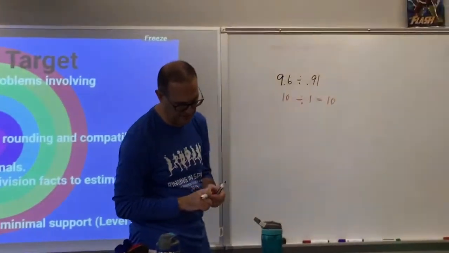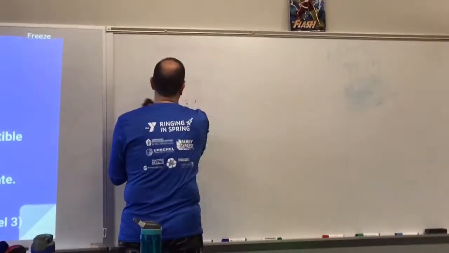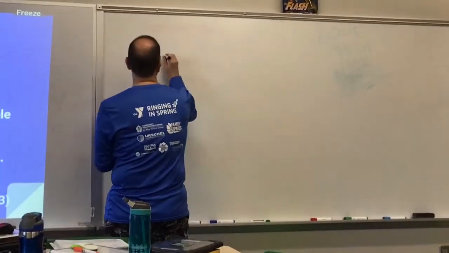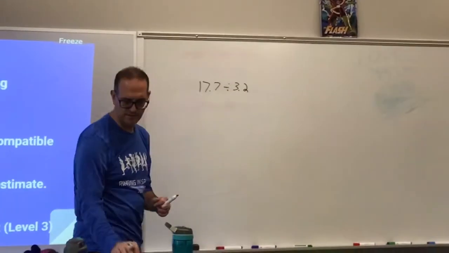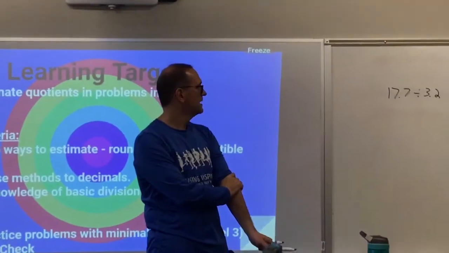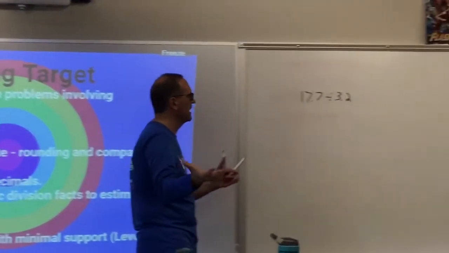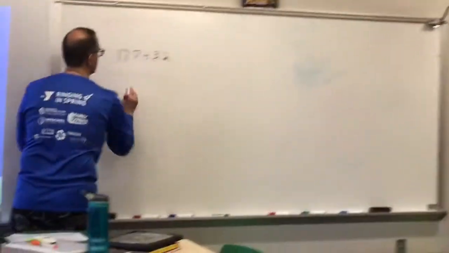Let's look at number 13. That's 17 7/10 divided by 3 2/10. Make sure I've got that right. Okay, I do. All right, so again, let's start figuring out our estimation. We want that simpler problem, right? So we're going to look kind of here and here.